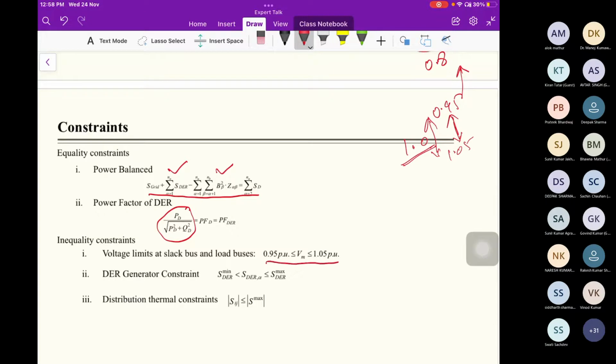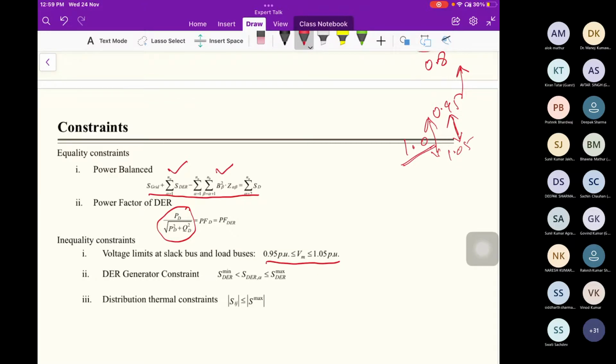And this one is the voltage value, 0.9 to 1.05. And further the generator constraint is that we can supply the maximum from the DRs according to their ratings. We cannot supply beyond the rating of the technology.